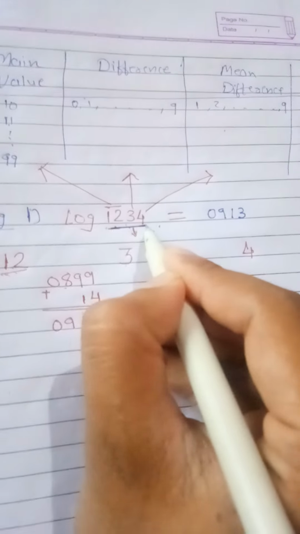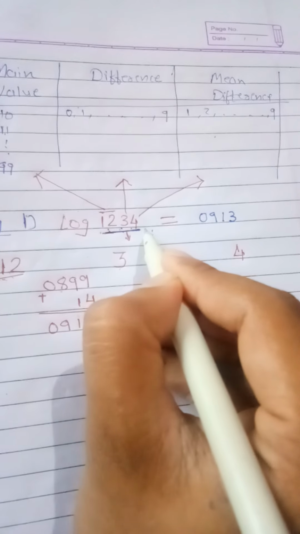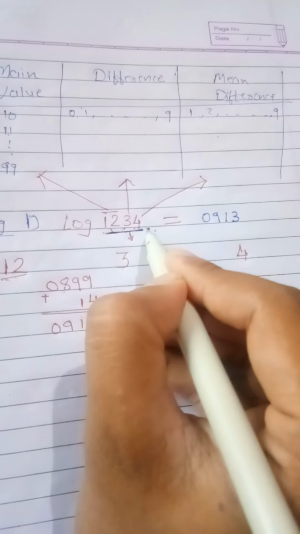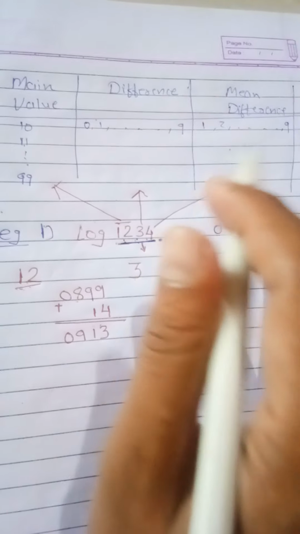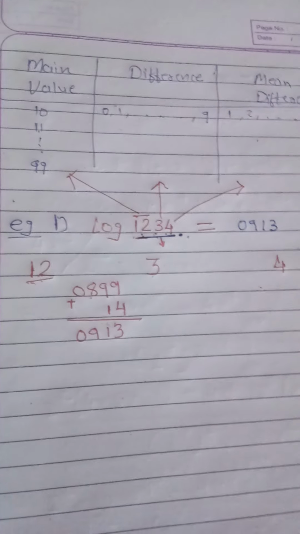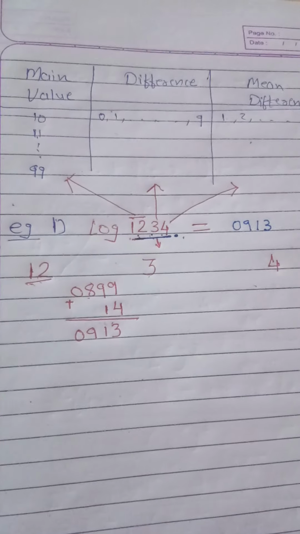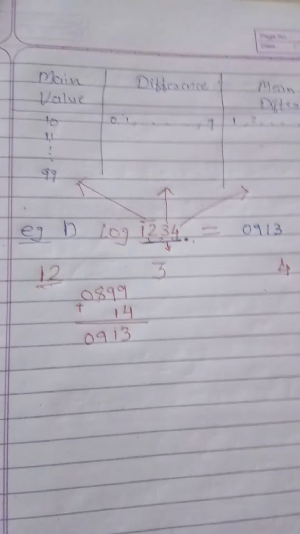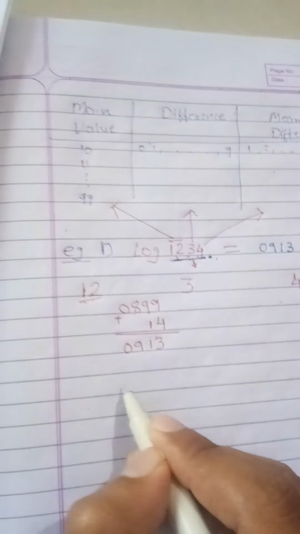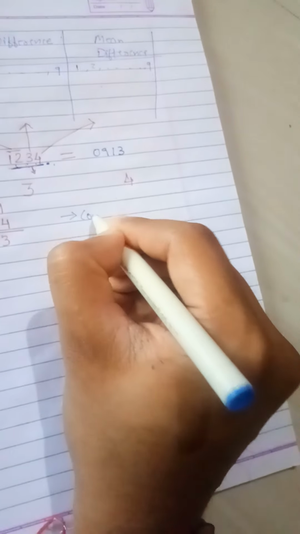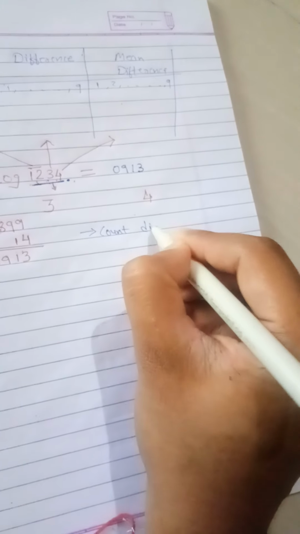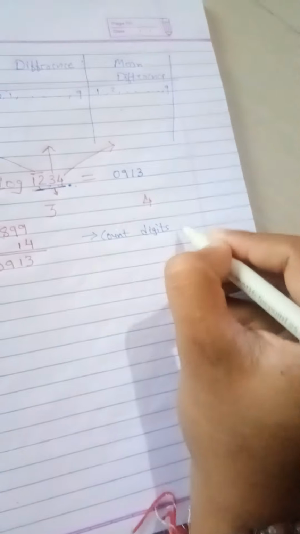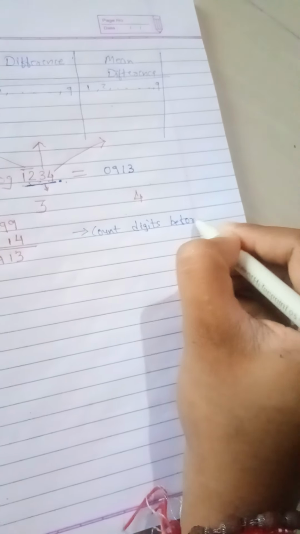How many digits are there? 1, 2, 3 and 4. 4 digits are there. Subtract 1 from the 4 digits, so you will get 3. What is the step? Count the digits before the decimal point.